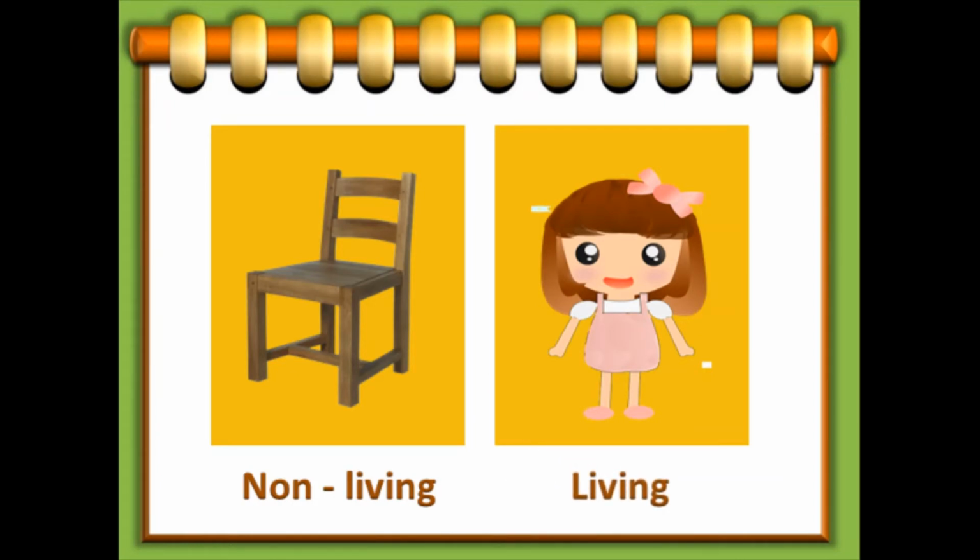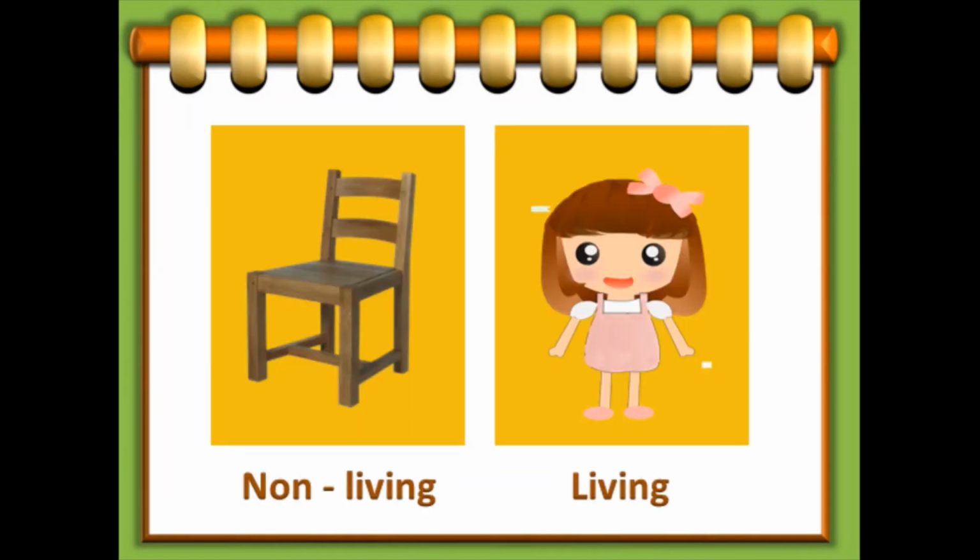Great job! Well done! Those are some examples of living things and non-living things. Can you identify now? If that is so, then you are doing a great job. Two thumbs up for you.